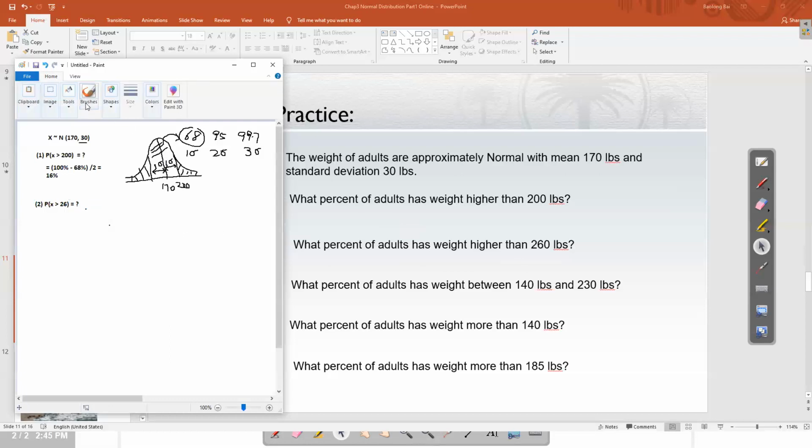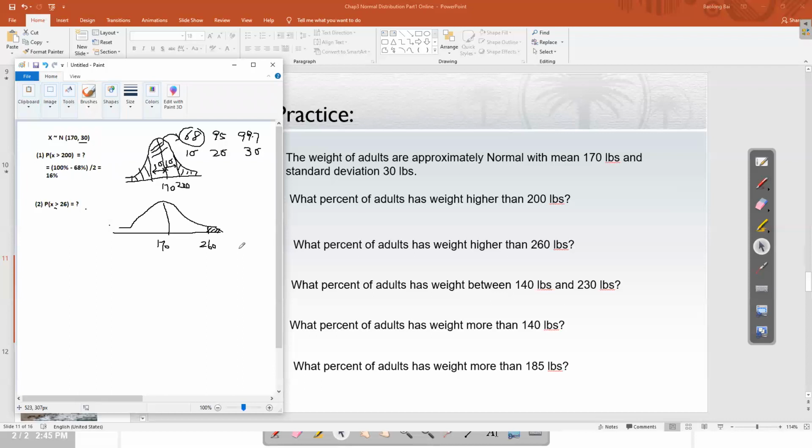If you draw a density curve, mu is 170, and 260 is to the right here. Then you need to shade the area of interest. So which side are you looking for? The greater than sign is to the right of 260.